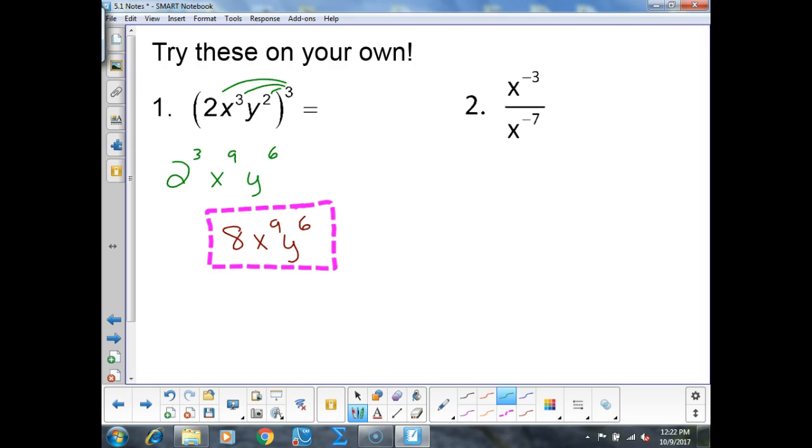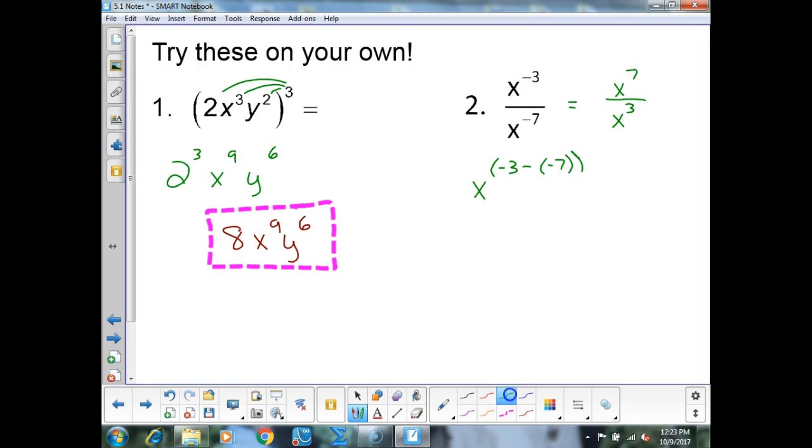I could write this one as x to the 7th over x cubed, make them both positive, right? Or I could say this is x to the negative 3 minus negative 7 power.